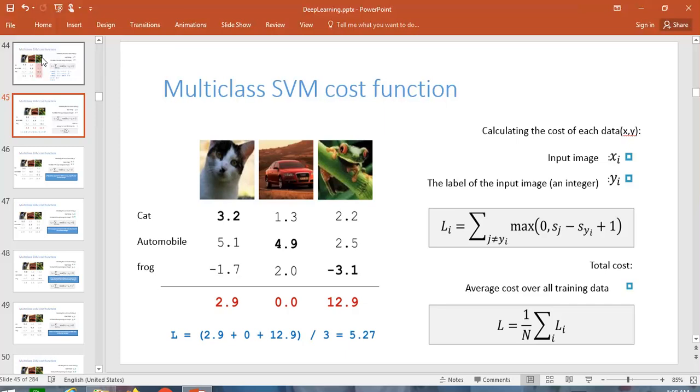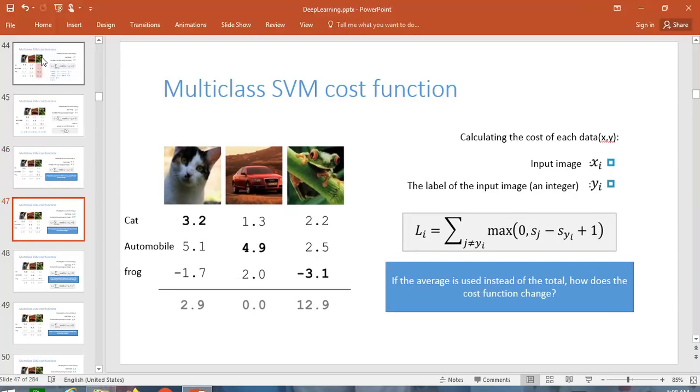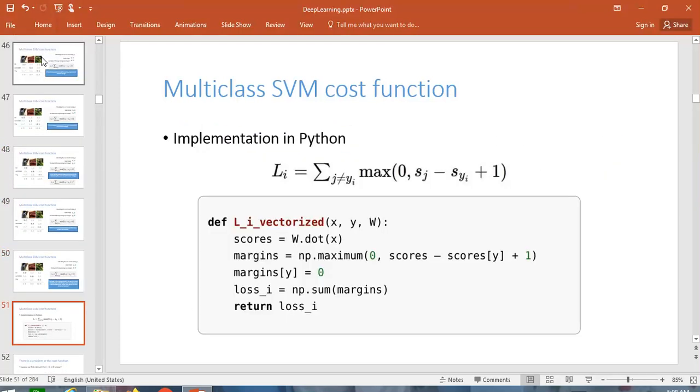In this piece of code, the same formula that we talked about is included. We have considered the margin of the correct class to be 0 because we said that we should consider the rest of the classes.